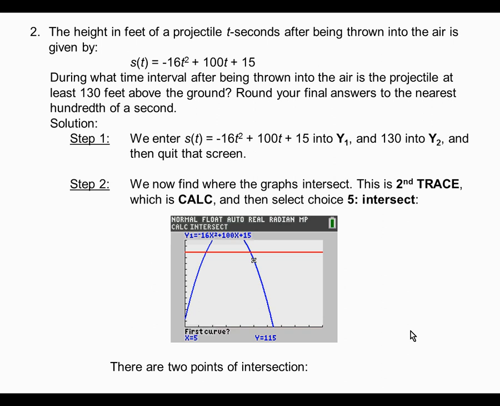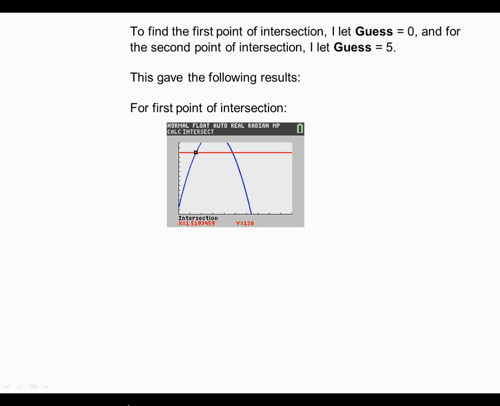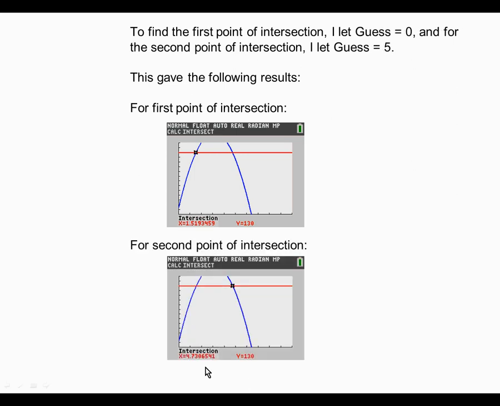So there are 2 points of intersection. To find the first point, I guessed 0, and for the second one I guessed 5. So for the first point, 1.52. For the second point, 4.73. Because it should say at least 130, we're going to include those 2 points.